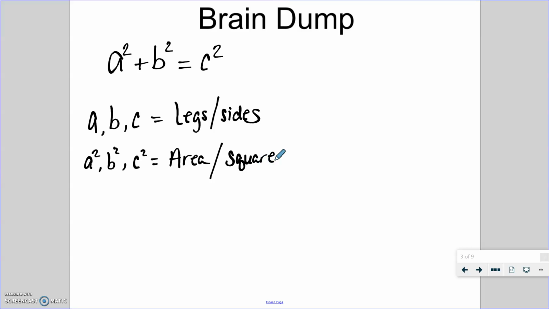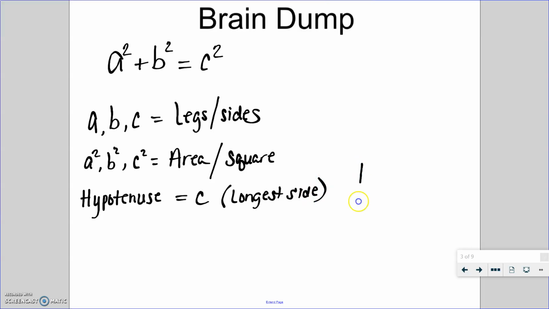We know our hypotenuse is always c, which is always the longest side.